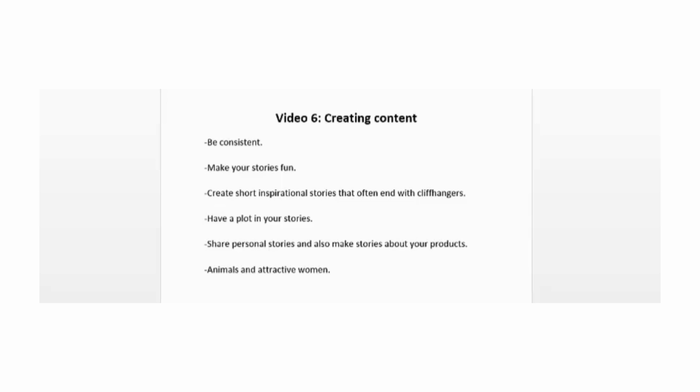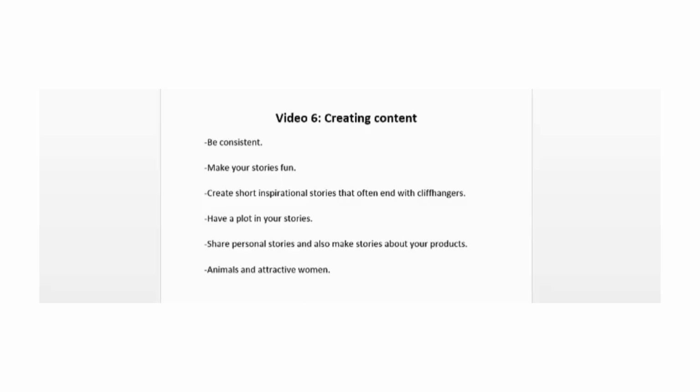Now let's get down to the dirty work here, and that is creating the content. Now when you're creating content, you have to be consistent. A lot of successful Snapchatters create stories every day, actually multiple stories each day. And this is all about getting your audience to become familiar with you and to basically bond with them and create a relationship with them, and for them to get used to listening to your stories, and try to make your stories fun, engage with your audience.